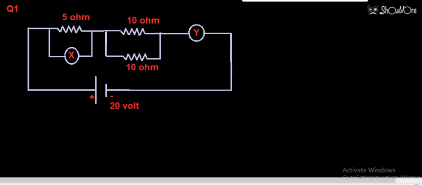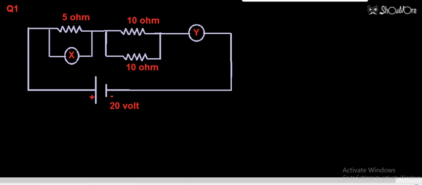In question number 1, you have to determine the name of device X, the name of device Y, and find the reading in X and Y. So this is the first question.